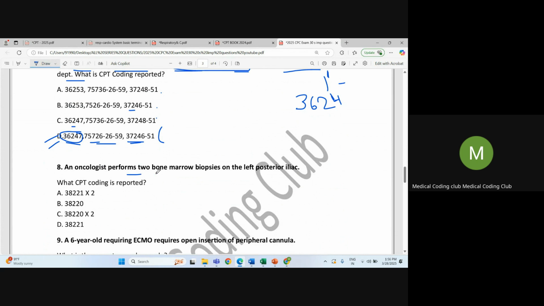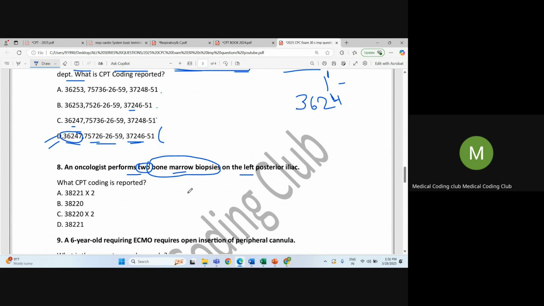Next, an oncologist performed 2 bone marrow biopsies on the left posterior iliac. Okay, so this is bone marrow biopsies. They are taking bone marrow biopsy. So how many biopsies are taken? 2 biopsies.